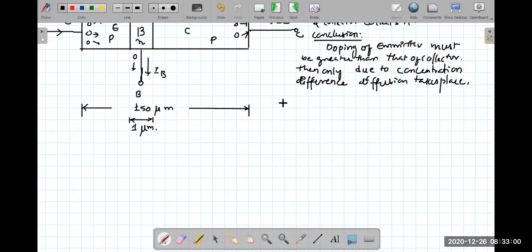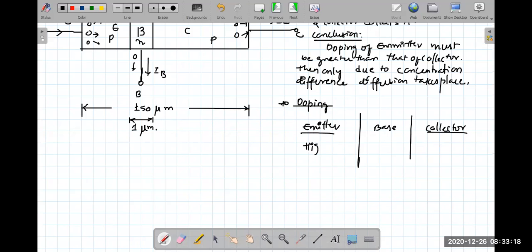So shall I write the doping here? If I write emitter, base, collector, the doping of the emitter must be high. Doping of the collector must be moderate.